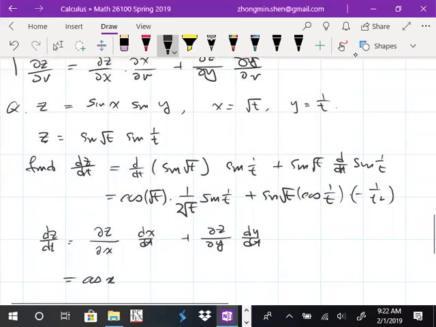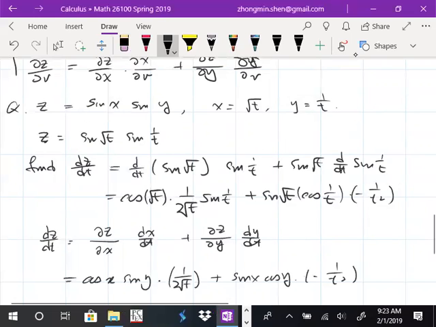So just cosine x and sine y. Then you have to differentiate x with respect to t, which is going to be that. And the partial derivative of z with respect to y will be sine x cosine y. And then we differentiate y with respect to t, which is negative 1 over t squared.